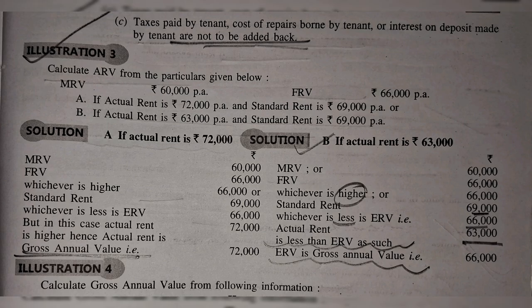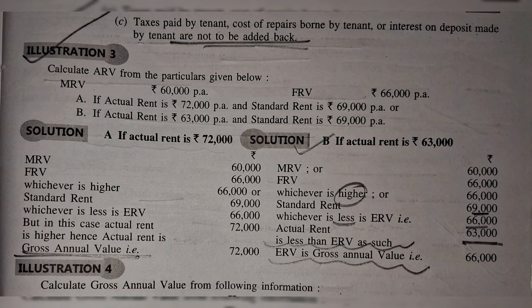In case B, everything is the same, MRV and FRV are the same, so we compare both of them and we choose the higher value. So we choose 66,000, and when we compare it with standard rent, which is 69,000, we select the amount which is less, which is 66,000. Now we compare it with actual rent.